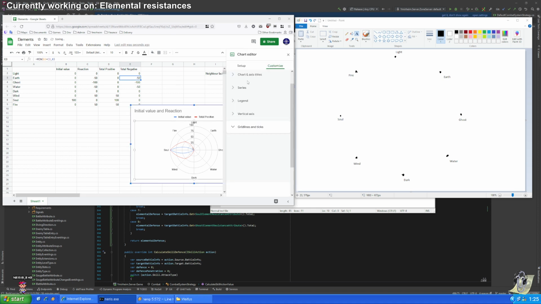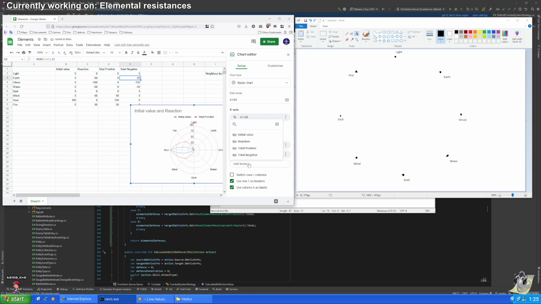Yes. Now let's extend the chart to column E, and let's do total positive and total negative.